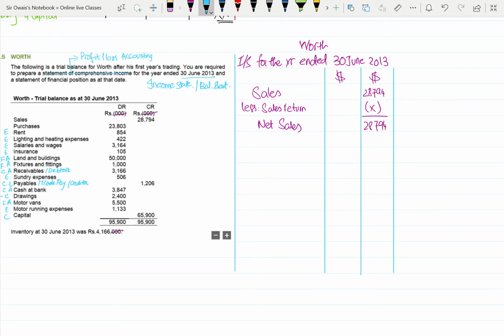Then I need to subtract the cost of sales, that is cost of goods sold. In the cost of goods sold, the first thing that I will write is opening stock, opening inventory. Opening stock and opening inventory both are the same thing, right? The opening inventory for this question is not given in the question, I guess.